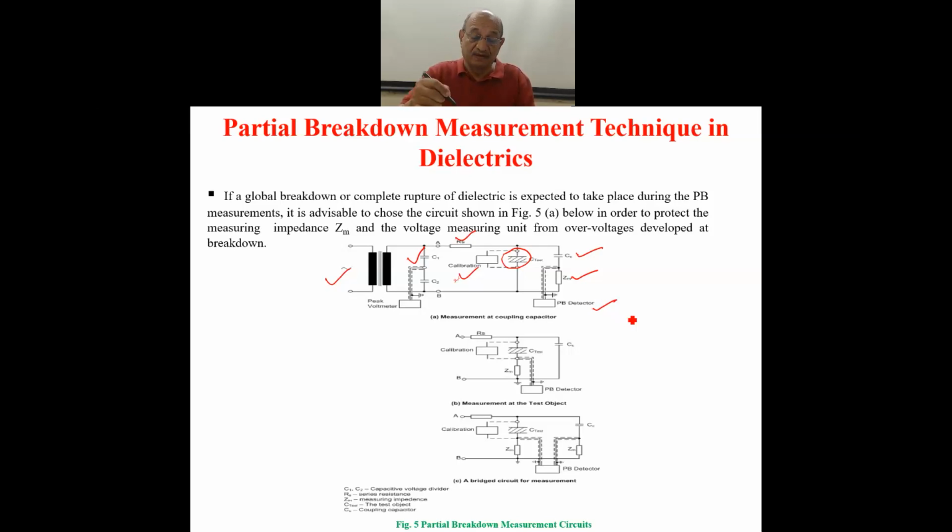So you give pulses of different magnitudes for calibration, different magnitudes of discharge in picocoulomb, and then you try to identify them on the PB detector, and that is how you can say what intensity of partial breakdown, what discharge in coulomb, is happening in the dielectric, in the test object.